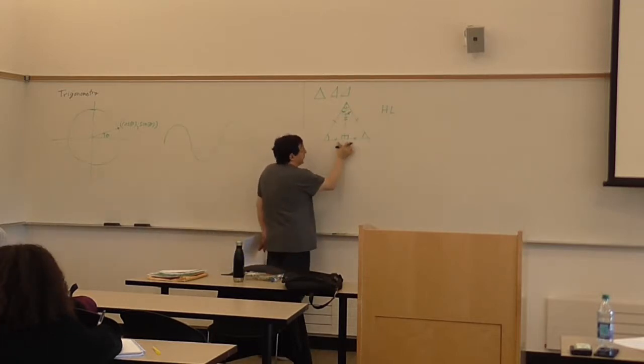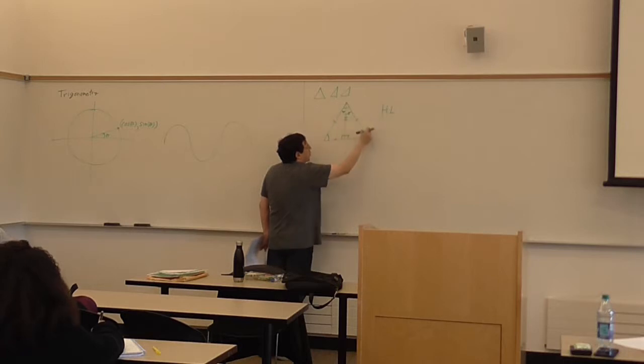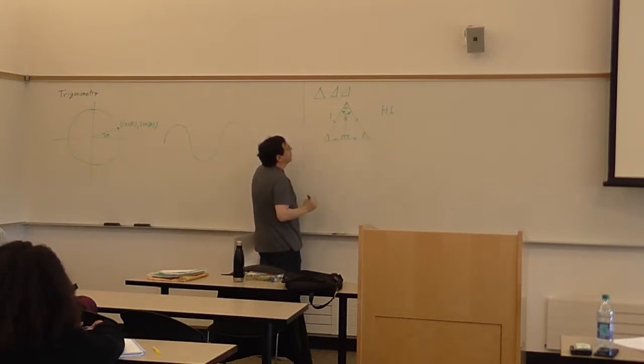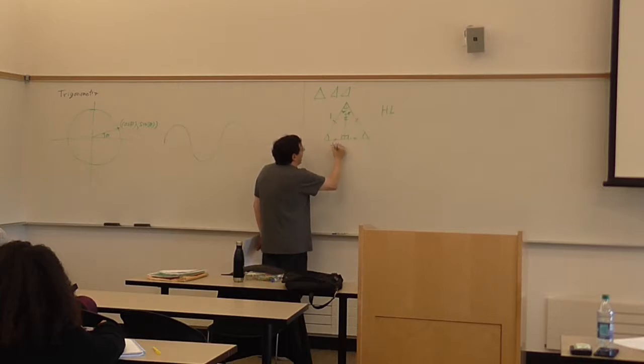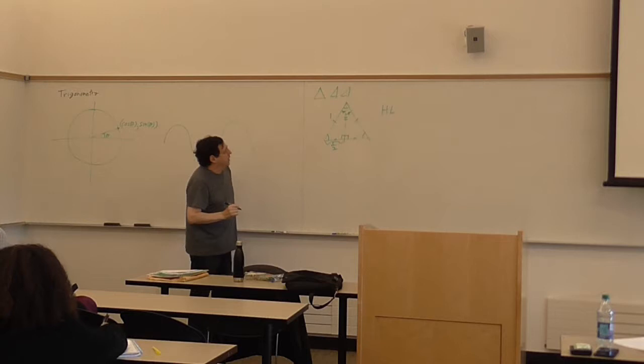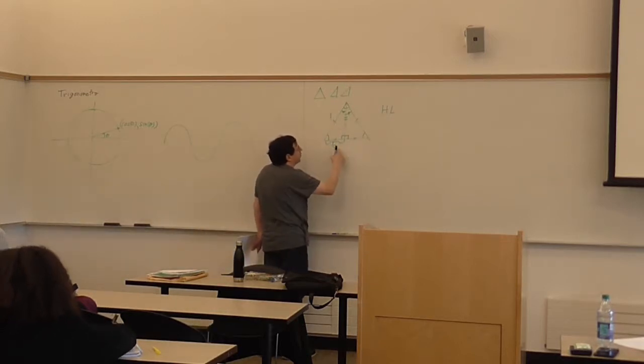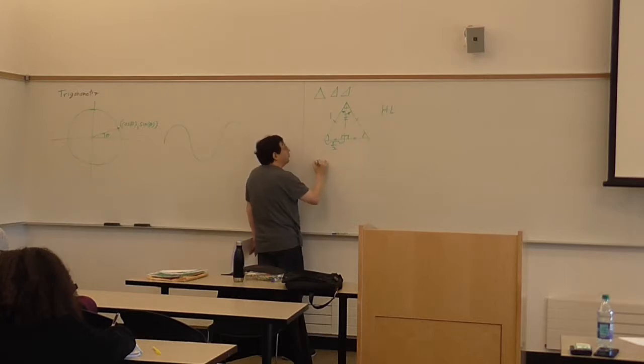Well, if these two are equal, and their length is equivalent to one of these other sides, then if I give this side a length of 1, this has to be half. And if I know the hypotenuse and one of the legs, I can use the Pythagorean theorem.